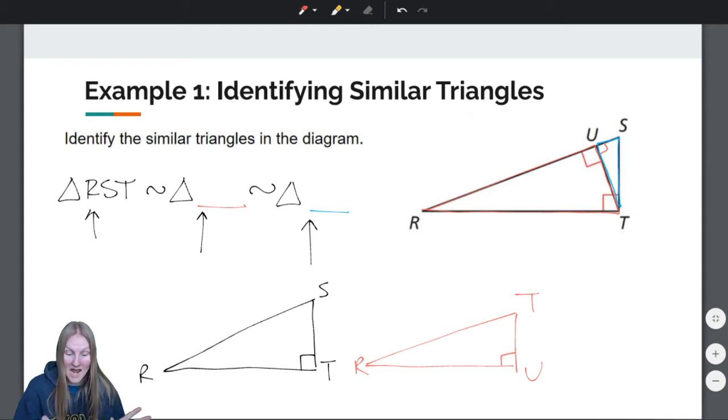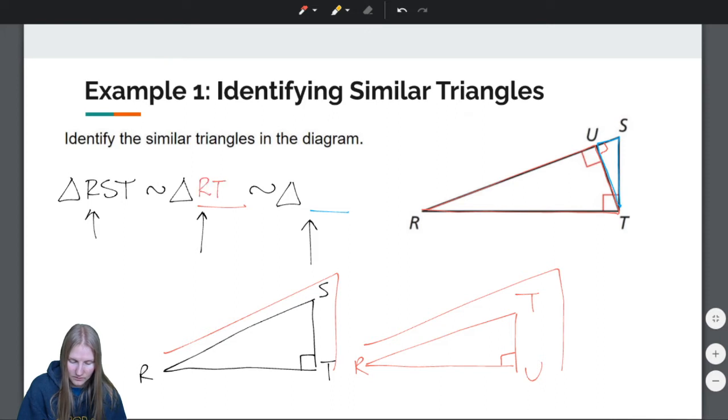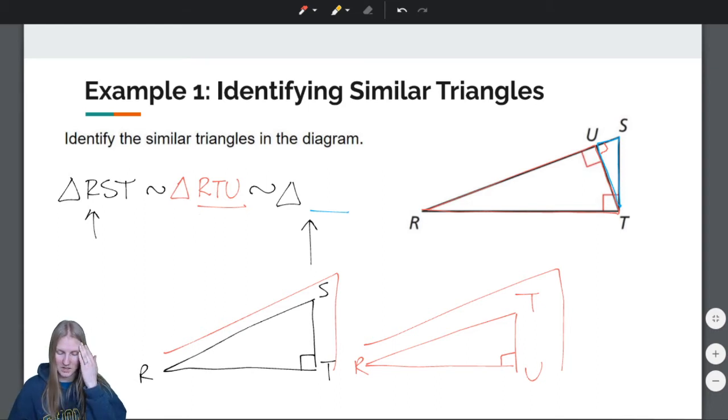Cool. So now I can see that the black triangle went RST, and the red triangle needs to go RTU. And I want it to be all red. So there we go. RST, RTU.